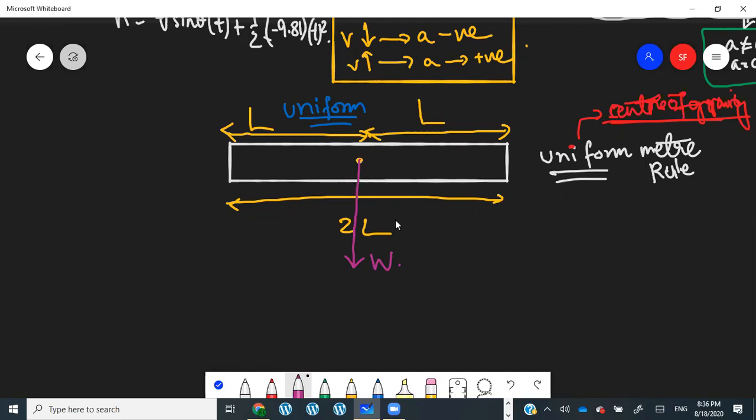This is the point from where the weight is acting, exactly half the length of this meter rule. That was the concept of uniform objects, and the center of gravity is the point from where the weight acts. We will talk about this in more detail when we do the moments part. But actually, the moments have already been covered.